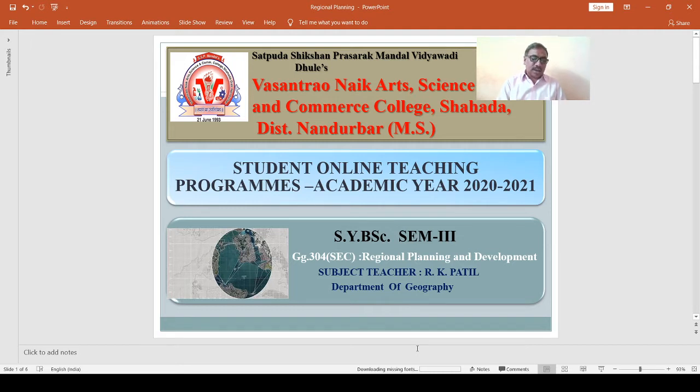Next one is role of regional planning in development. Then types of regional planning: short-term planning, long-term planning, physical and economic development, developmental and imperative plannings.